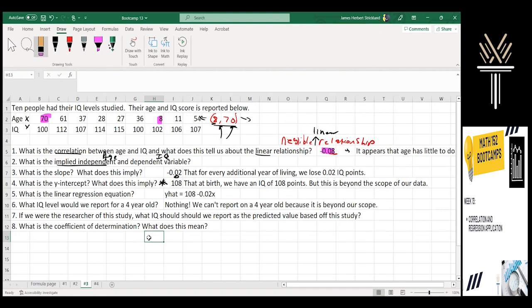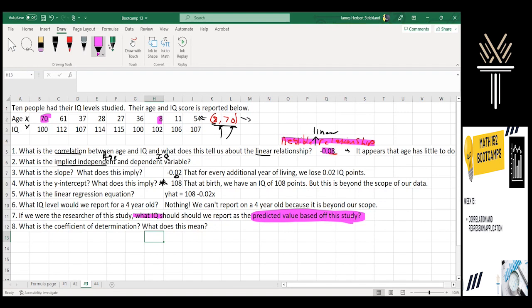So instead, if we were to give a report on the study, what IQ should we report as a predicted value based on the study? So in other words, we can see that the correlation is negligible, which implies that if we were to do the scatter plot or the residuals or the other stuff, there'd be a red flag somewhere.